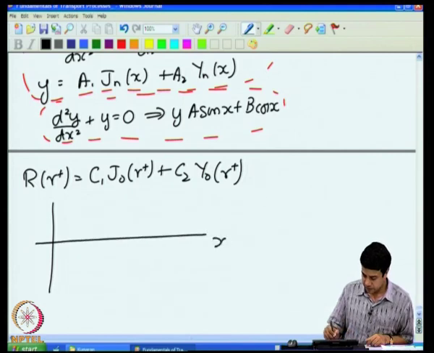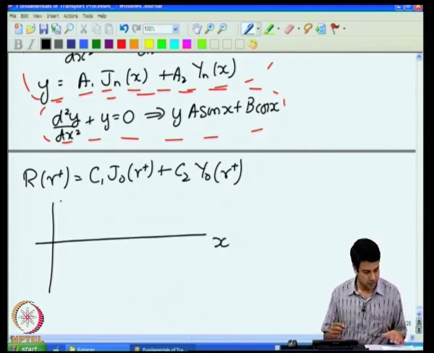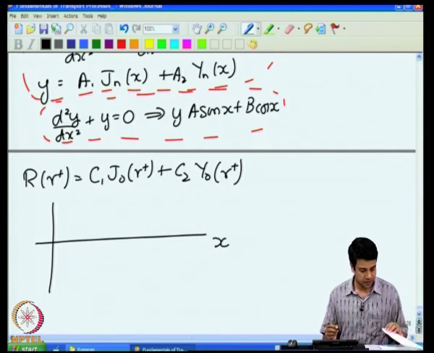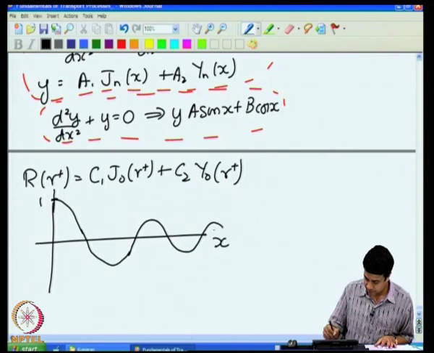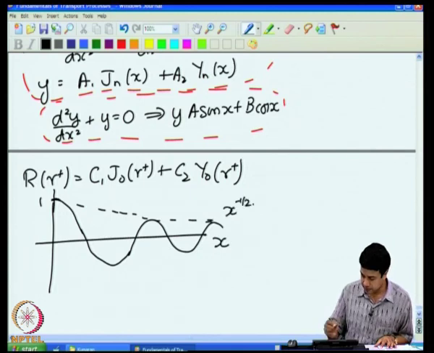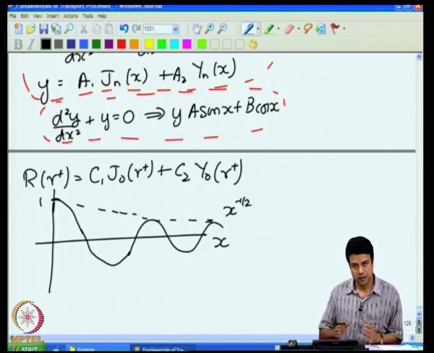As a function of x, J naught of x, if I plot it as a function of x, it starts off at 1 and then it has an oscillatory form. The amplitude of the peaks actually decreases as x to the power minus half, as x becomes large, and the frequency tends to a finite value.